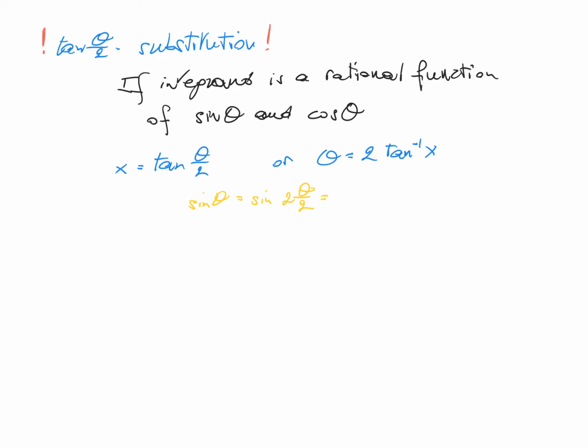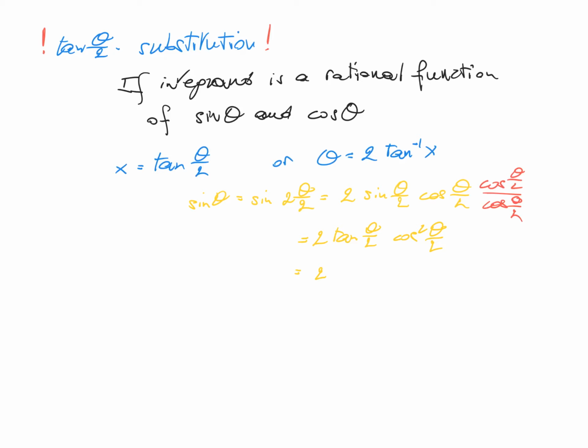So this is, by trigonometry, 2 times sine theta over 2 times the cosine of theta over 2. If we then multiply and divide by cosine theta over 2, you see this is equal to 2 times the tangent of theta over 2 times cosine squared theta over 2.